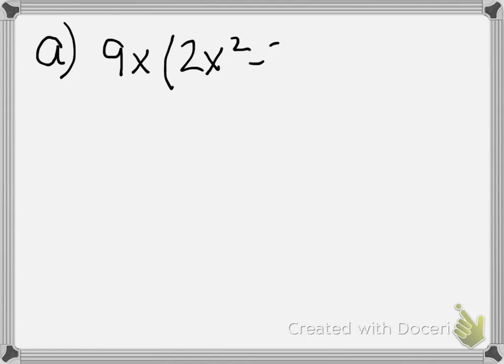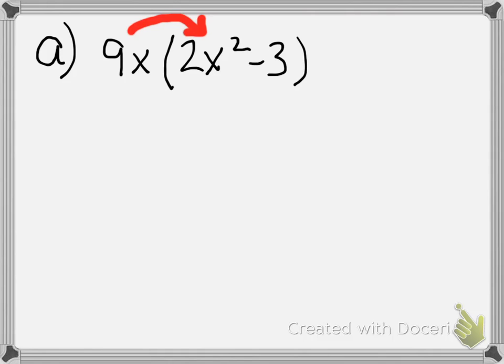More complex problems. If I have 9x times 2x squared minus 3, again, I'm going to have to use distributive property. So I'm going to go 9x times 2x squared, and do the arrows. Use them if you're struggling with this.